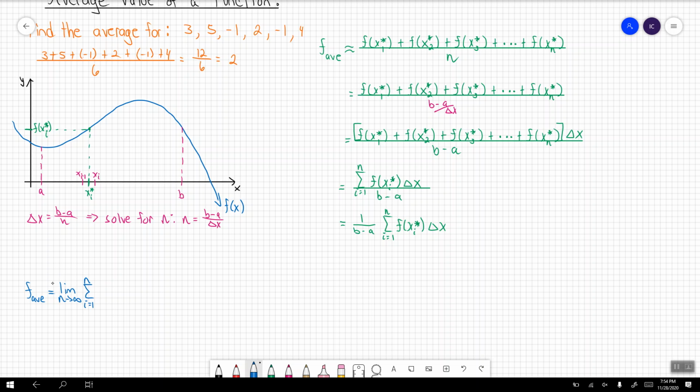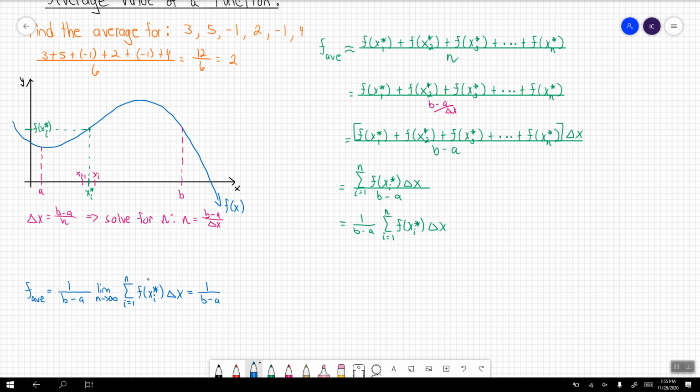That's 1 over b minus a multiplied by the limit as n tends to infinity of the summation of i beginning at 1 for f of x sub star i delta x. But again, this is the limit definition for that Riemann sum definite integral.